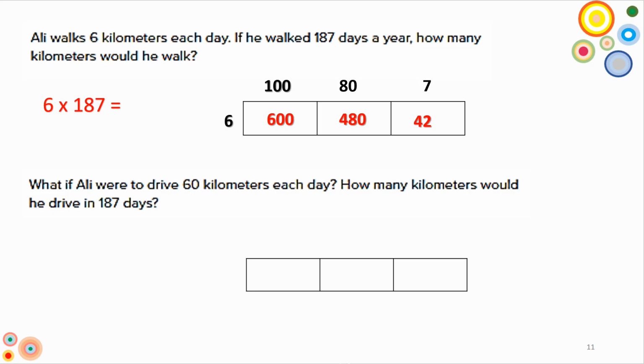Sum all of this: 600 plus 480 plus 42. It will be 1,122. Go to the next question.